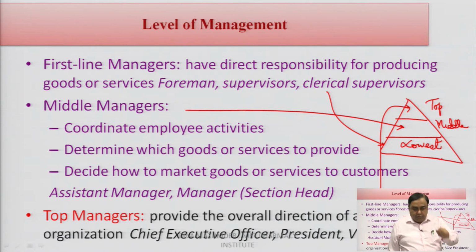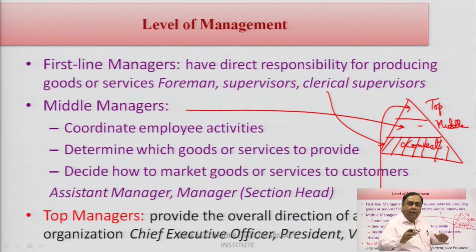Now, there are two things which I would like to focus on. If you look at the structure, you will see that the area of the lowest level is maximum, followed by the middle level, and then the level at the top.